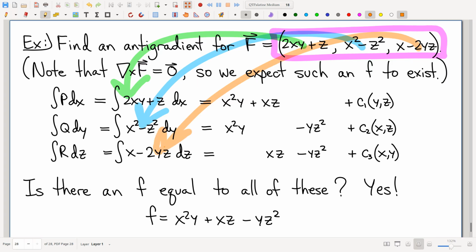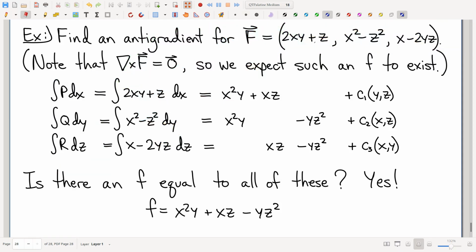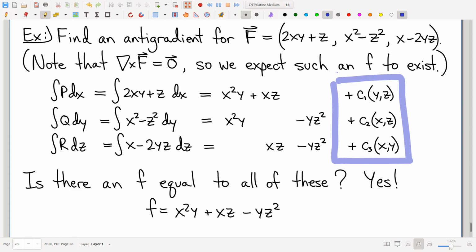Straight out of what we talked about on the previous page. That's easy calculus. Make sure y'all can do that. And then don't forget to add your partial constants at the end. Okay. All right. So the game begins.